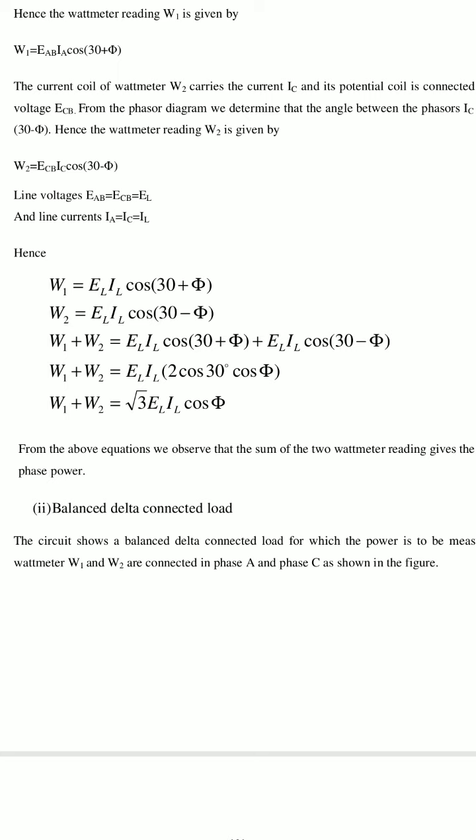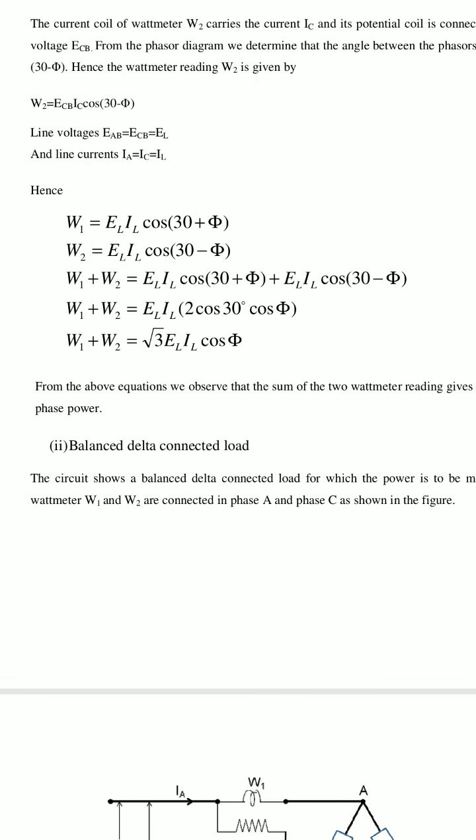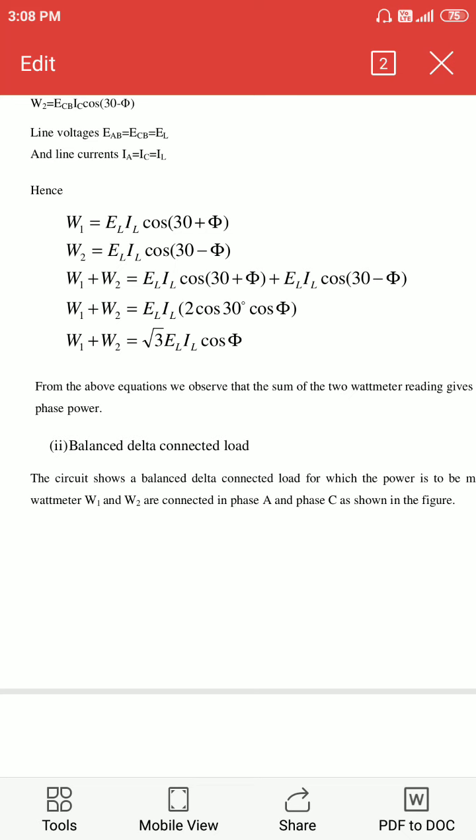Here the line voltage EAB is equal to ECB, which is equal to ECA, that is EL, the line voltage, and the line currents are IA, IB, IC, that is IL. From this two wattmeter method, EAB = ECB = EL, and line current IA = IC = IL. Hence, W1, the wattmeter reading 1, is equal to EL IL cos(30 + phi), and W2, the wattmeter reading 2, is EL IL cos(30 - phi).